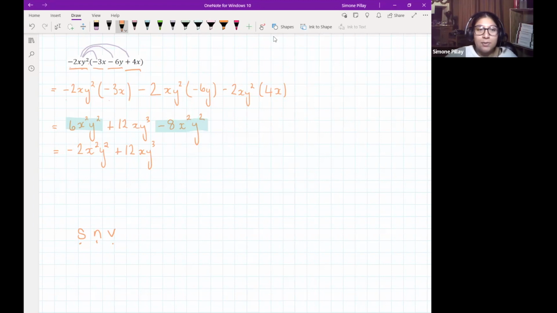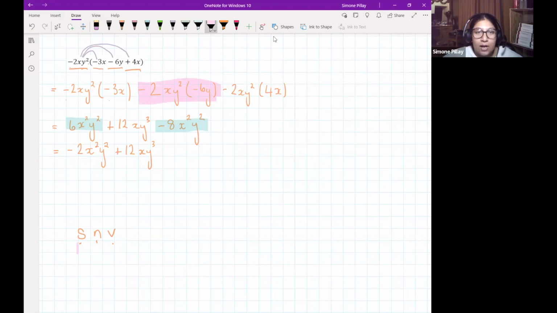And then somebody asked me, how did I get 12xy cubed? Remember, I got that from over here. When we apply the signs, we multiply our signs: a negative times a negative gave me my positive. 2 times 6 is going to be 12.